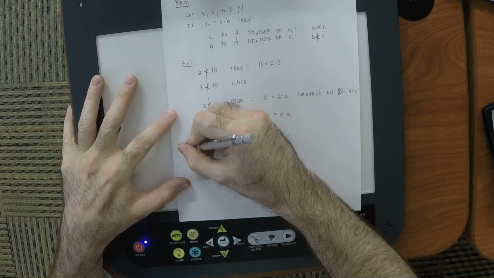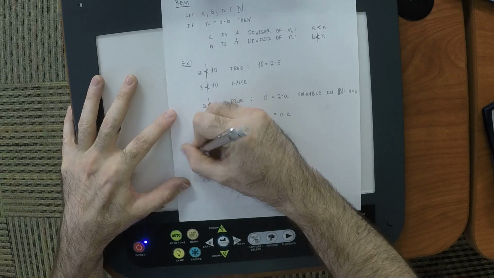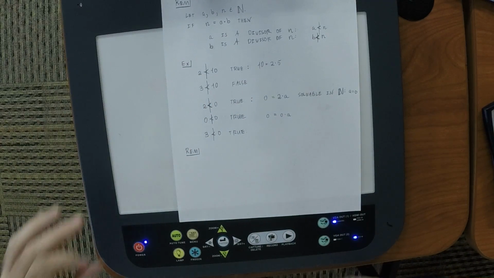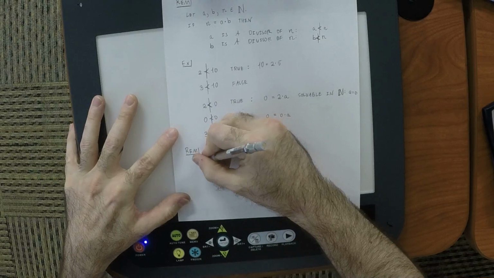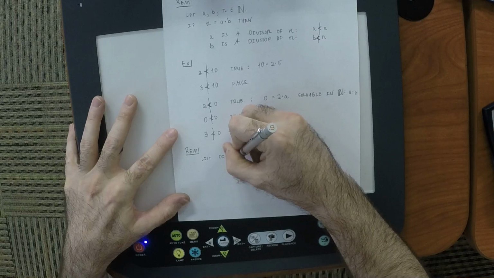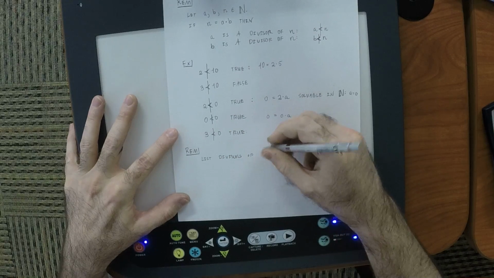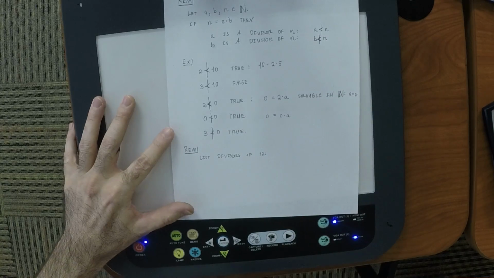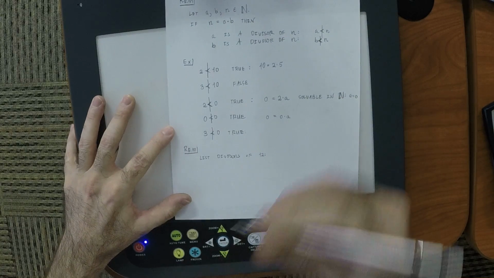So we're racing the clock and coming to the point where things get disturbing. Suppose I say, list the divisors of, say, 12. That's something that you could do in grade school, right? They always come in pairs.